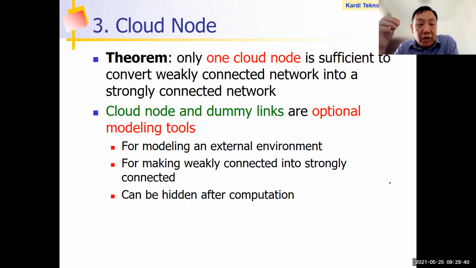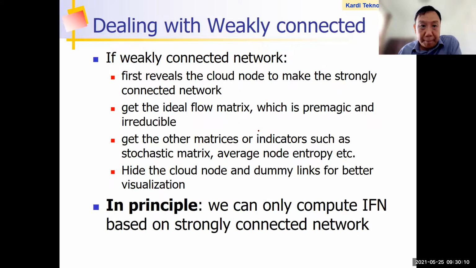If you want to model an external environment, say your network is already strongly connected, but you still want to model an external environment outside the system, then you add a cloud node. And if you have a weakly connected network, then you add a cloud node to make it strongly connected. And the cloud node can be hidden after the computation later.